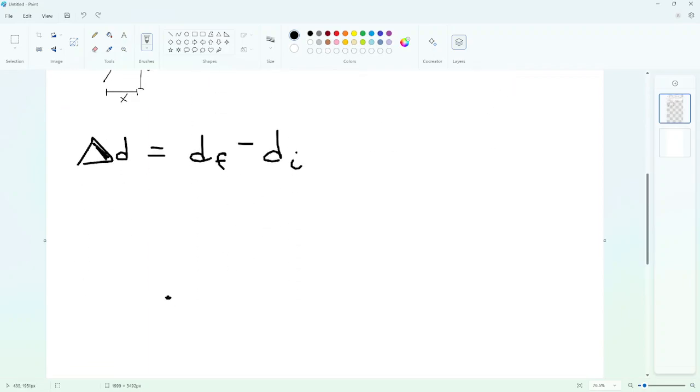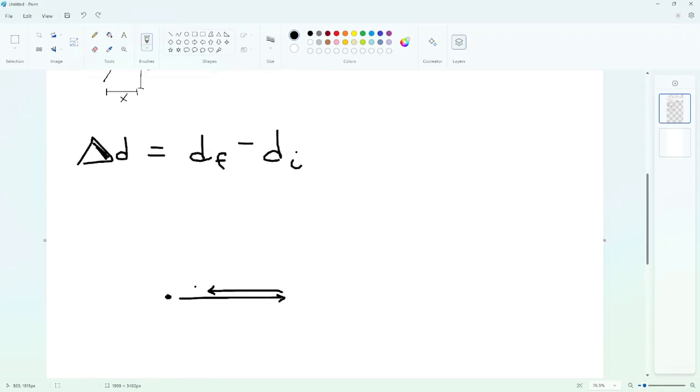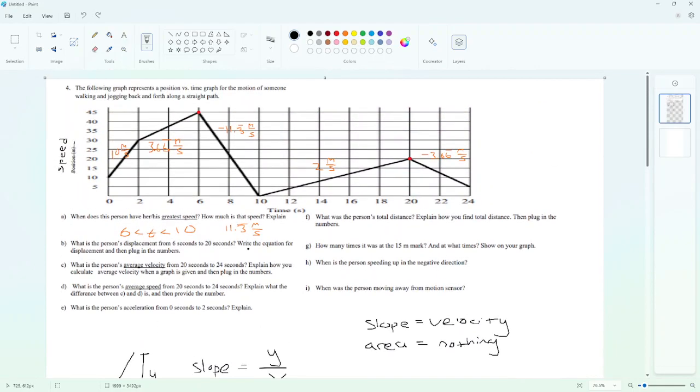So for example, if we were here and we walked from here to here and from here to here, our displacement would just be from here to here, because this is our final position and this is our initial position. This is different from distance, which is something we will cover later. Okay, so if we're just dealing with final position and initial position, the final position is 20 meters.